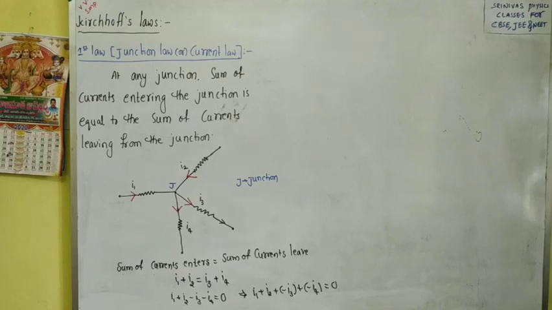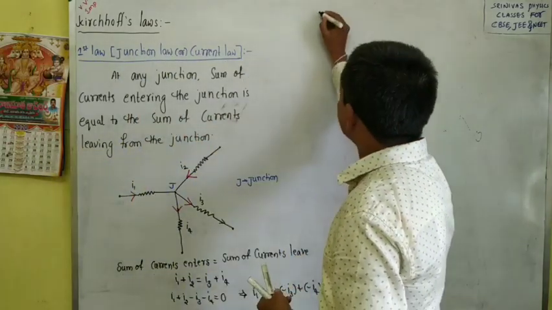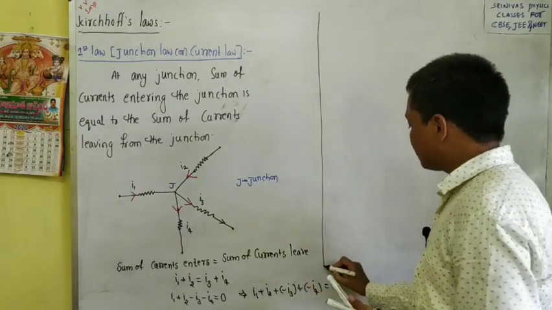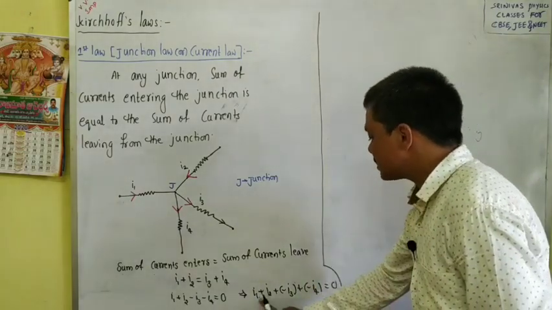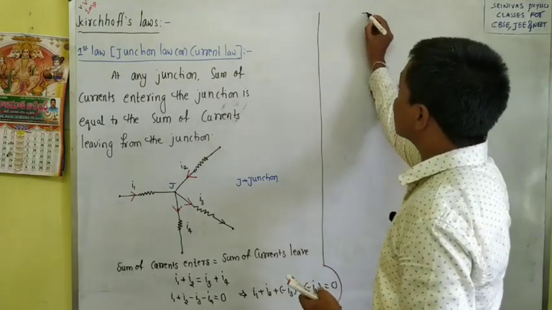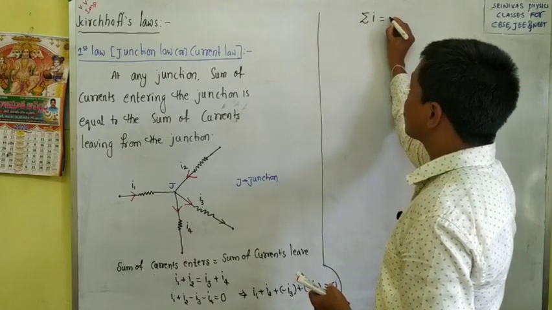From this we can write that the sum of all currents at a junction is equal to 0. Summation of currents is equal to 0.